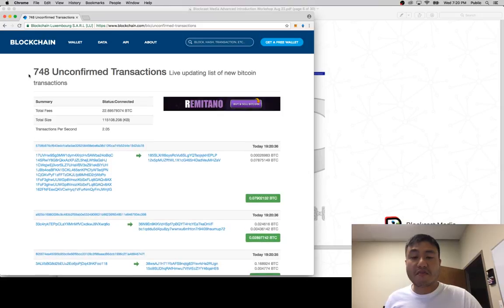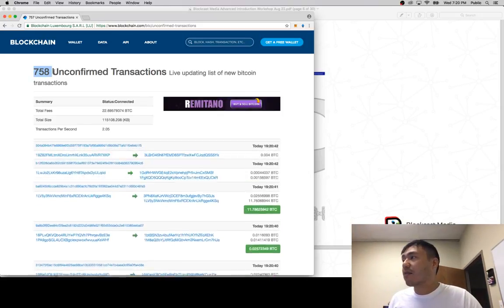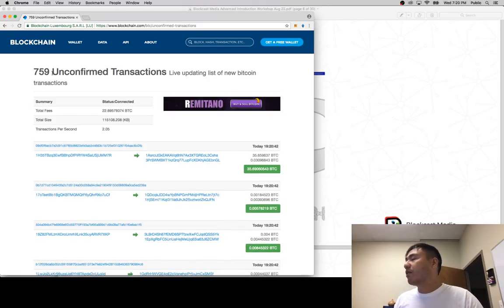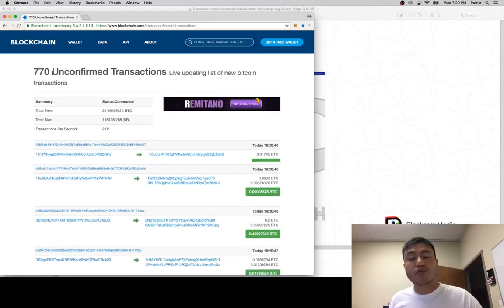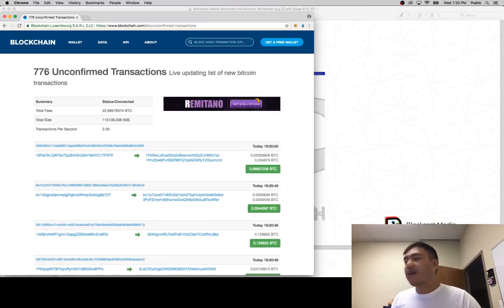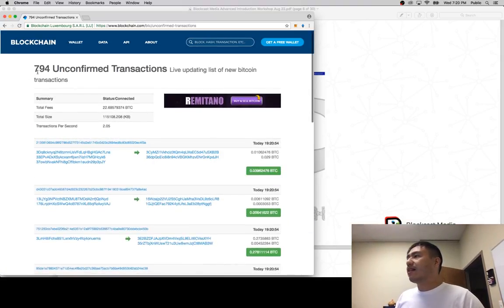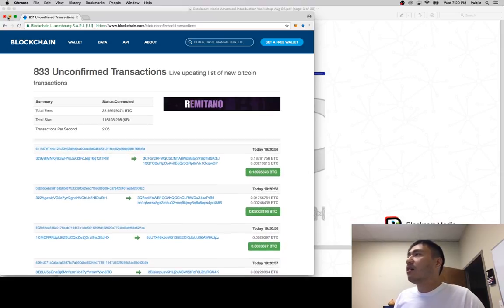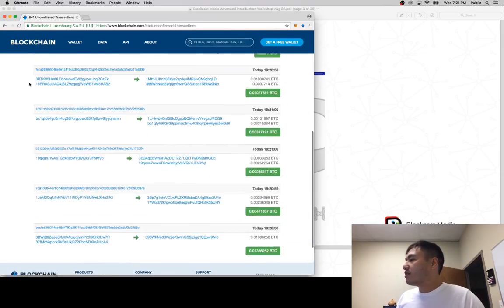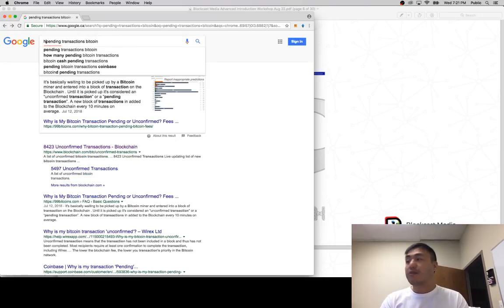Back during the big crypto boom in 2017, I probably remember seeing this number in the hundreds of thousands when it was really clogged, if my memory serves me right. But as you can see, the network is not very clogged right now. I wonder if there is some sort of historical one that we can quickly look at.